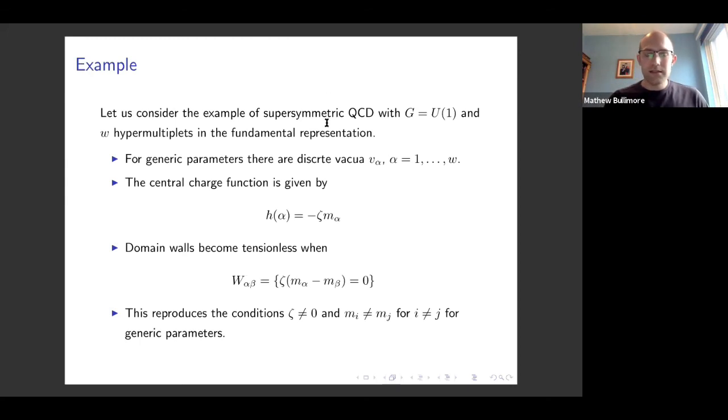So it's a simple exercise to plug that back into the function h to find the values of the function h at the vacua. And it's just given by this expression here. You see it's bilinear in the FIs and the masses. In fact, it's just the FI times the mass of the hypermultiplet that gets a VEV in that vacuum.